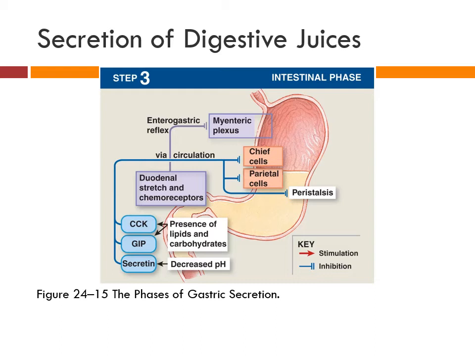When lipids are present, it stimulates the release of CCK, cholecystokinin, and you remember that CCK is creating contraction of the gallbladder to produce additional bile into the duodenal ampulla, and bile is what we need in order to break down lipids, and so that is a great process right there.